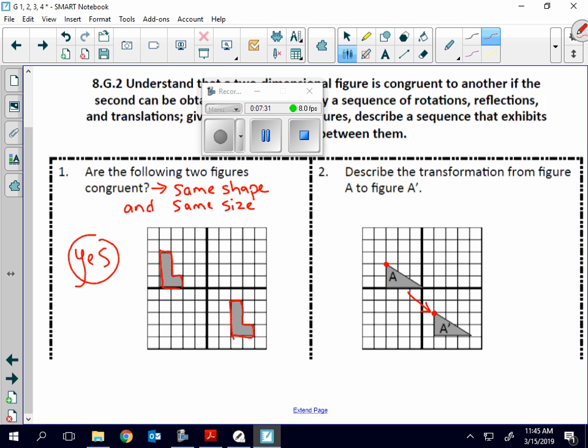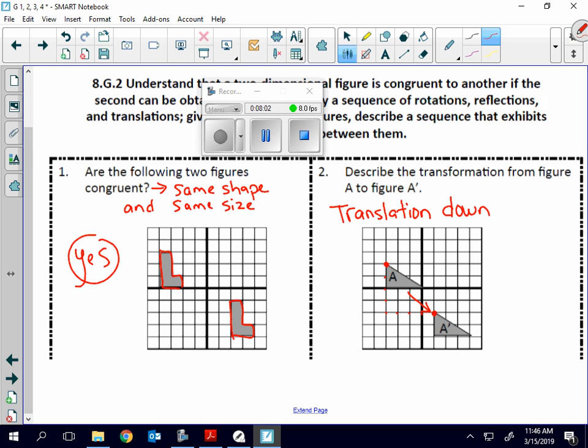Same point in the other picture. What did I do? If I translated it, it looks like I'm going down, and it looks like I'm going right. It doesn't matter which one you do first, we'll go down. Down 1, 2, 3, 4 to make it even with the other one. Down 4, and right 1, 2, 3, 4. So the transformation would be, we've got to write that down, translation, called a translation when we slide.